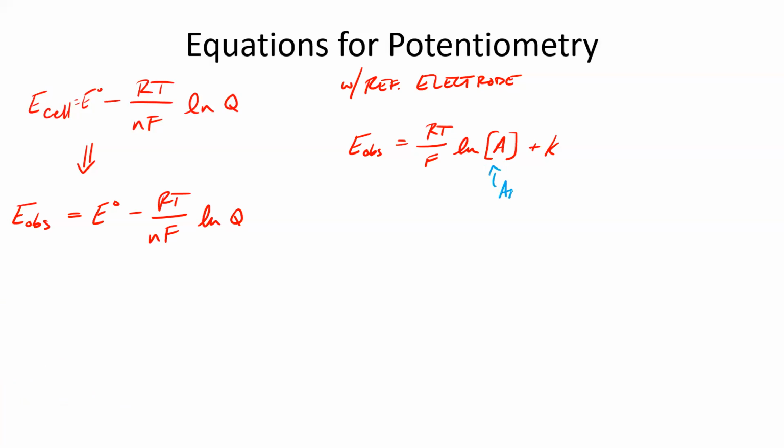So this is our analyte concentration. And this is what I'm just going to call a catch-all constant. Many times we assume that that's zero, right? We assume that there's no real difference between the observed voltage and what the cell voltage should be, right? Is it a great assumption? Sometimes yes, sometimes no, but it's one we tend to make anyway.